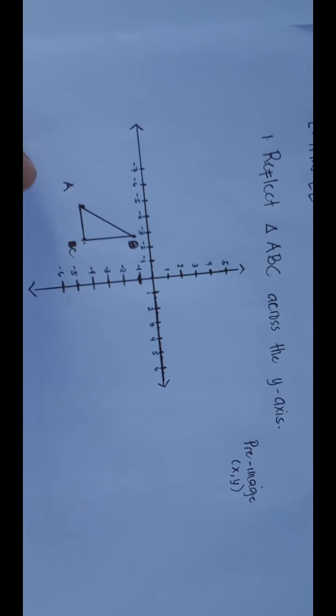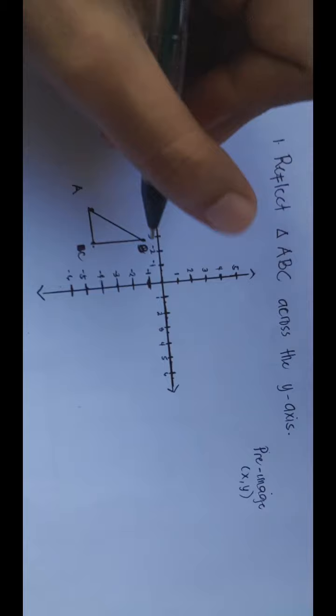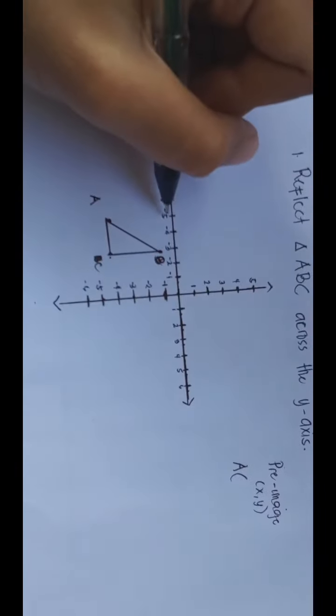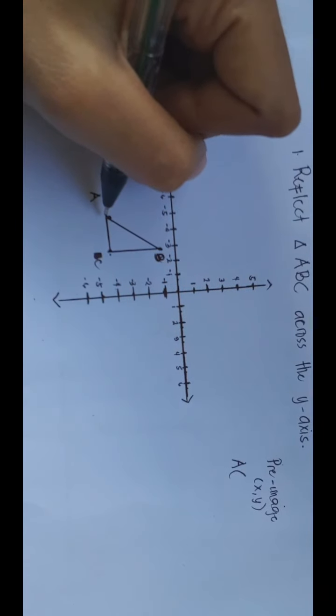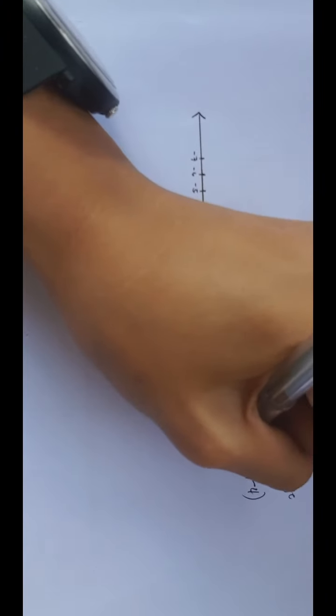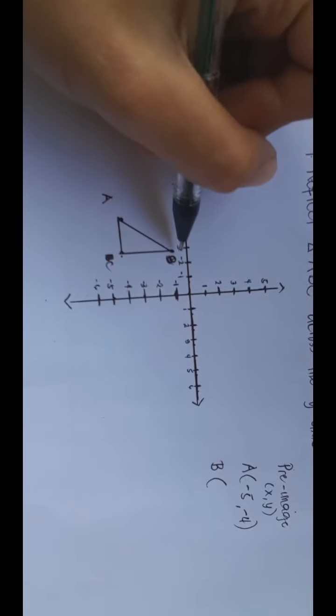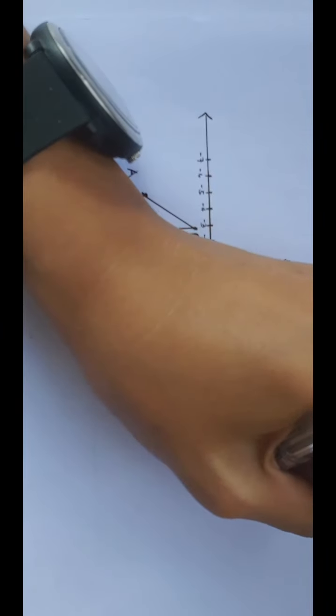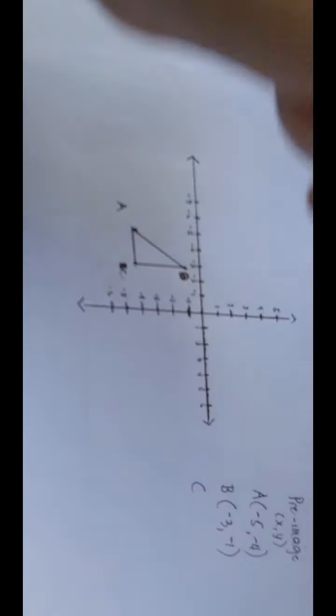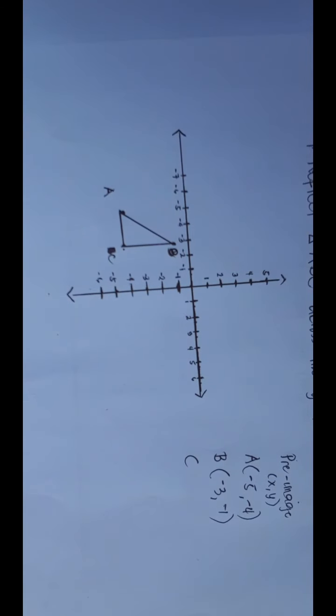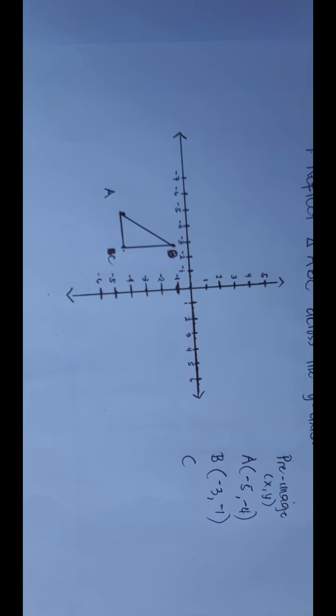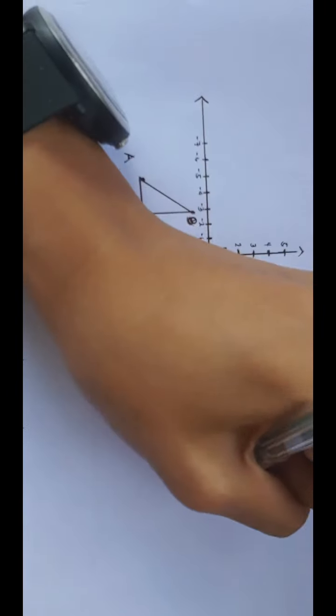The coordinates of point A are negative 5 and negative 4. Point B, we have negative 3, negative 1. In point C, we have -3, -4.